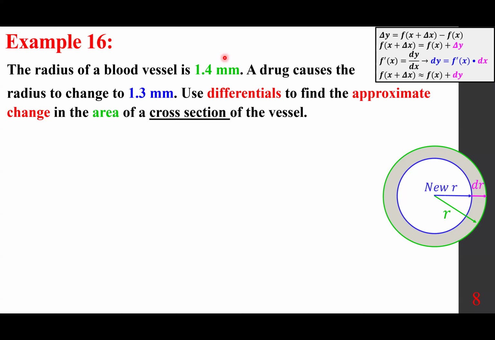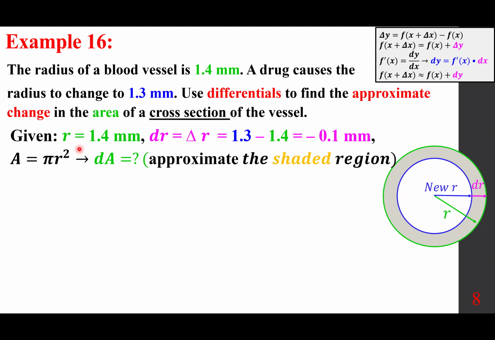We should know we're talking about the area, and the area of a circle is pi r squared, and we want to find dA. So given r is 1.4 millimeters, dr is the difference between the two, 1.3 minus the original one, negative 0.1. It is shrinking, which means dA becomes negative. A equals pi r squared. We want to find dA. That means we want to approximate the shaded region. You see this region?